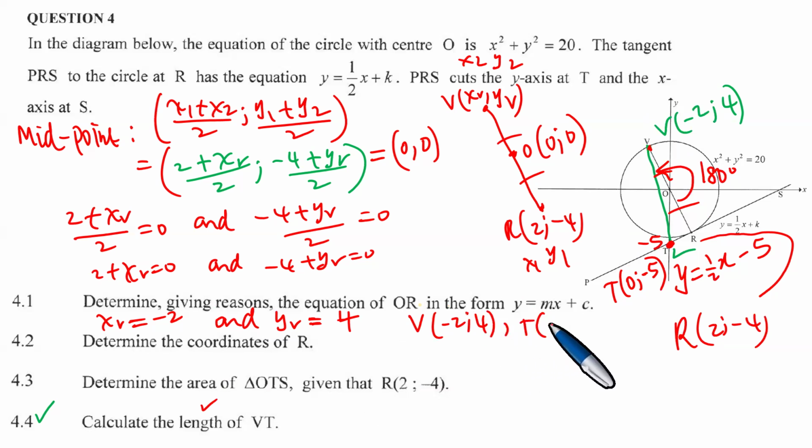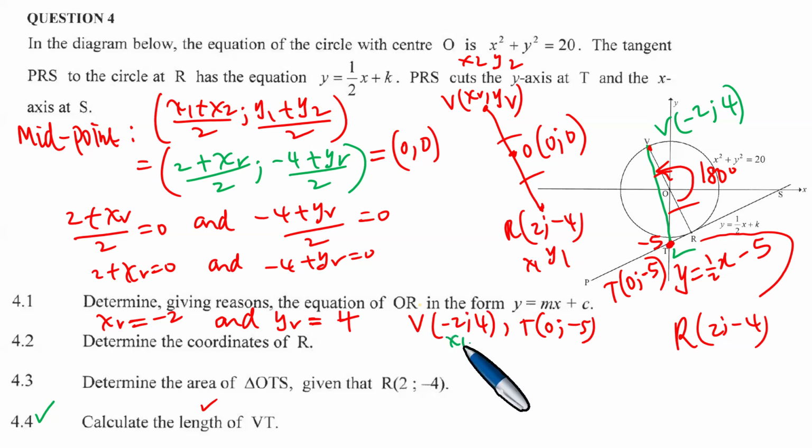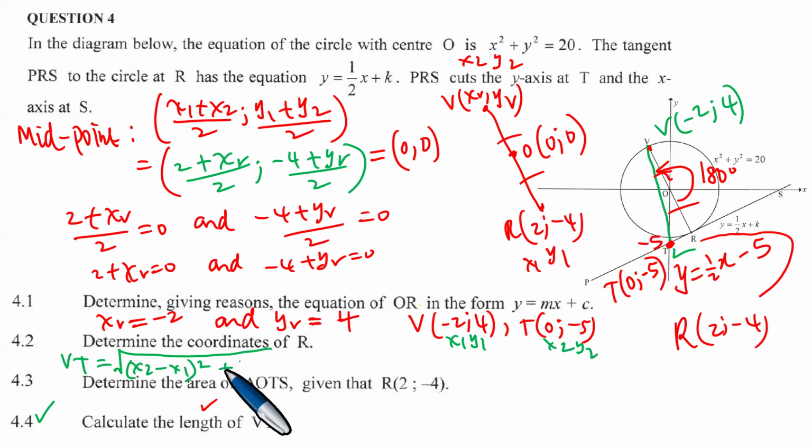We have T with coordinates 0, -5. X1, Y1, X2, Y2, which means VT equals the square root of X2 minus X1 squared plus Y2 minus Y1 squared. This is called the distance formula.